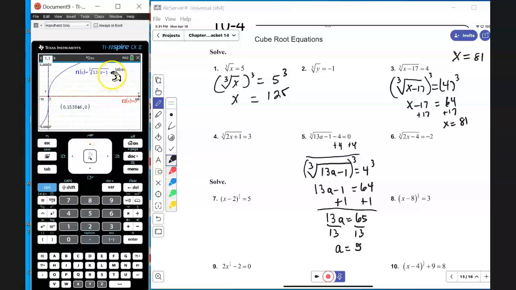Oh, I made a mistake. You see minus 1. It's supposed to be minus 4. And there's our solution, 5, 0.